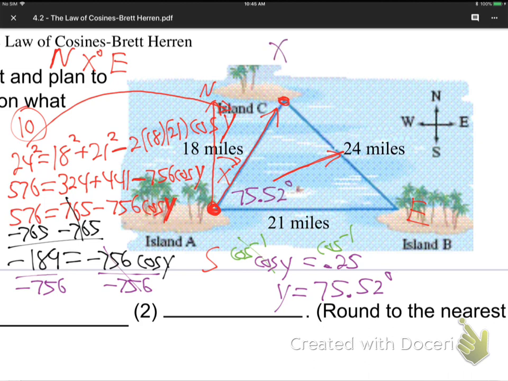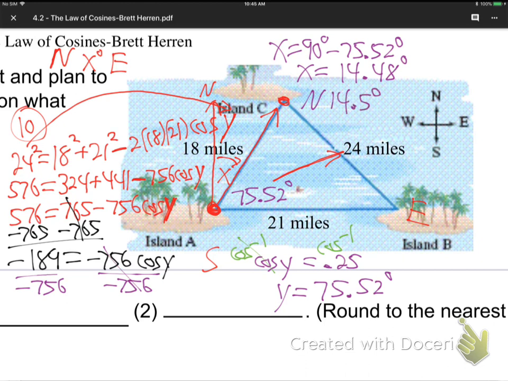So then angle x is 90 degrees minus 75.52 degrees, so it's 14.48 degrees. So the heading should be north. I think they want you to round to one place. 14.5 degrees east. That's the bearing to go straight to island C. North, but 14.5 degrees east on that.